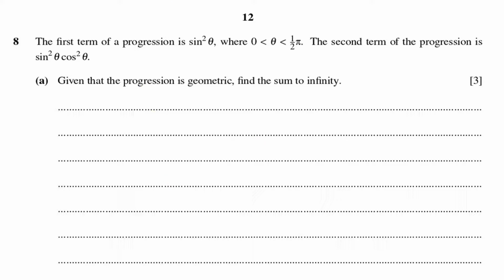So here, the information we have is that the first term of the progression, that's U1, is sine squared theta. And we've also been told that the second term of the progression is sine squared theta cos squared theta. So U2 is sine squared theta cos squared theta.